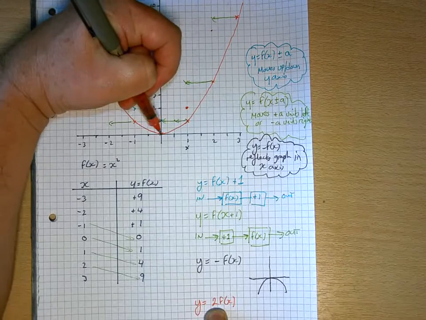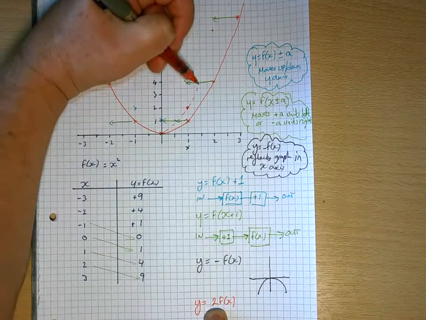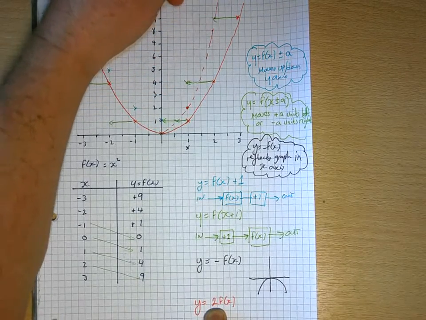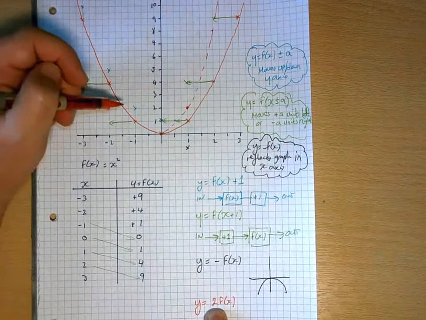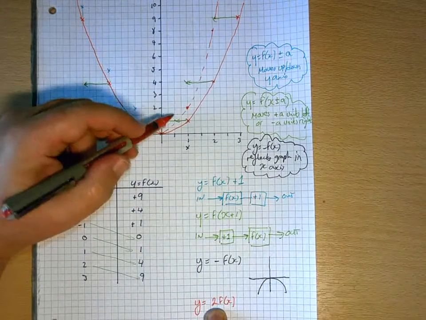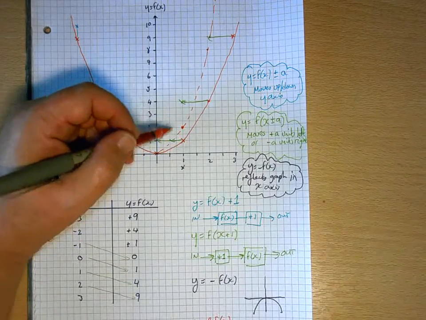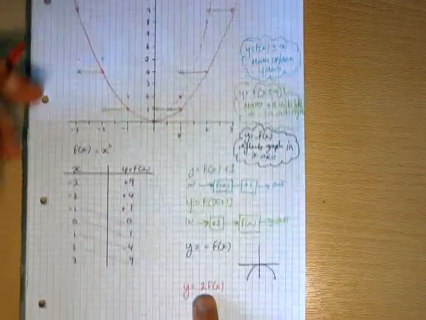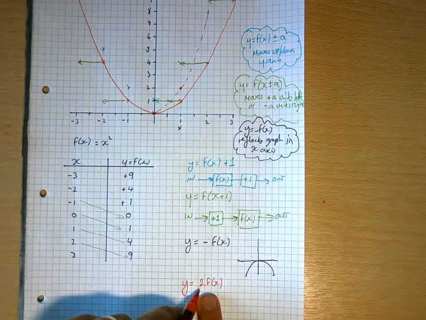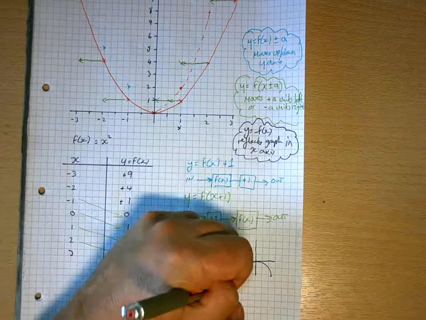So it's still going to go through 0, so what that does is increase the gradient. So what was like that now becomes much steeper, so it doubles the gradient.